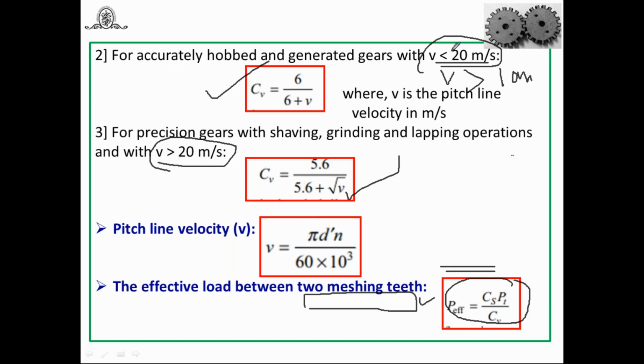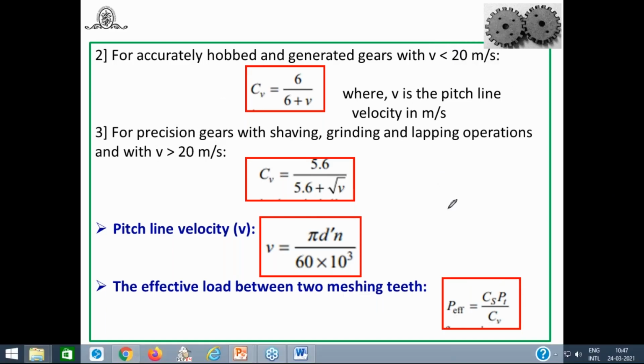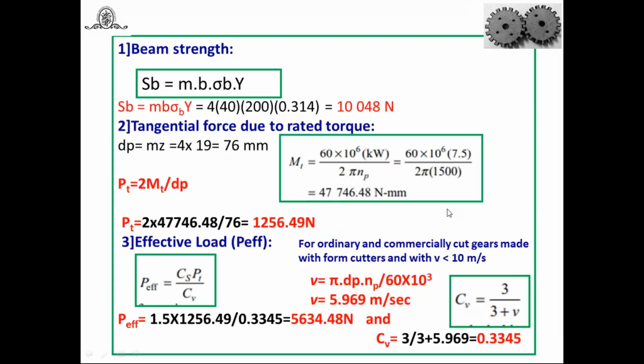Accordingly, you can select different equations or relations to calculate the velocity factor. Now in this problem, I have calculated the pitch line velocity, and this pitch line velocity is how much?